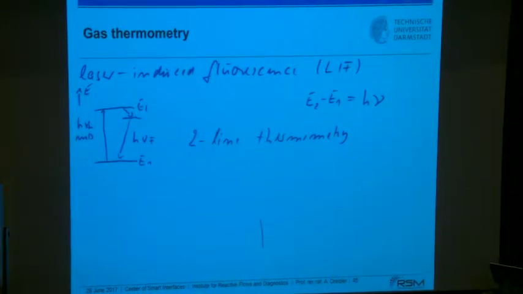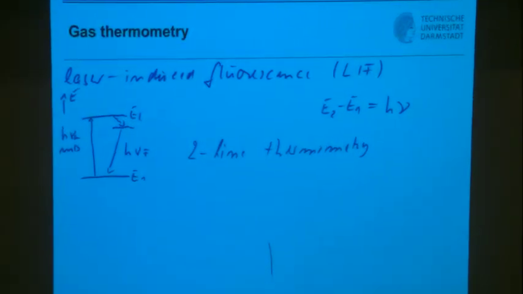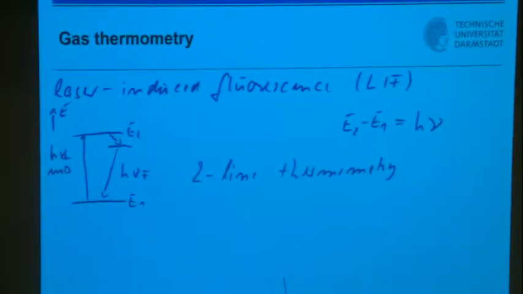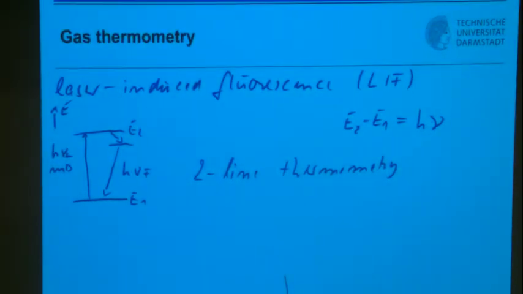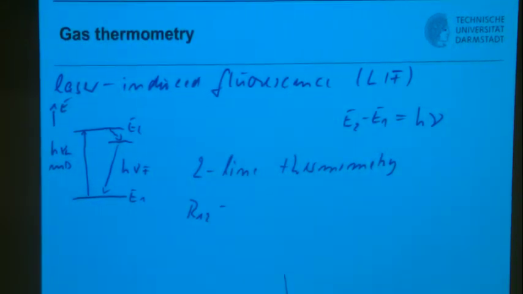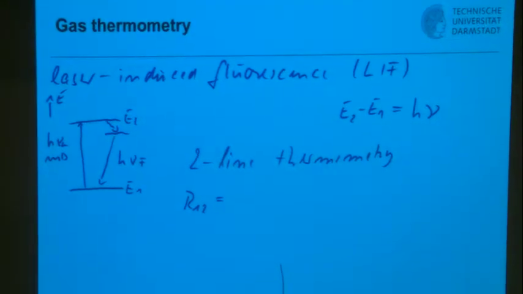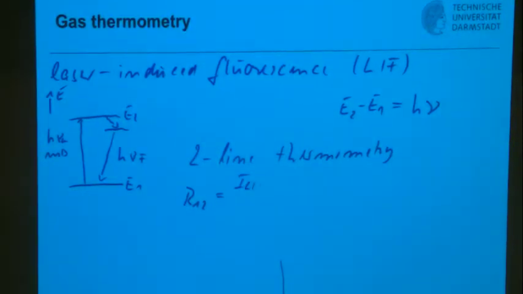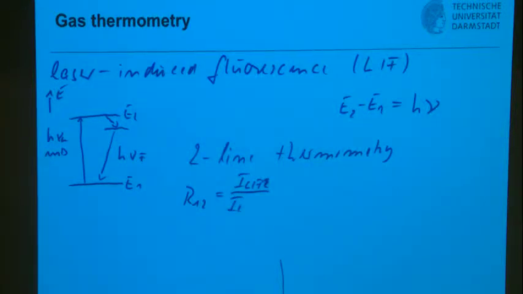They are fired sequentially, such that the fluorescent radiation is not interfering. Then you get a ratio of these 2 fluorescence intensities: the intensity of fluorescence from excitation of rotation level number 1, divided by the fluorescence number 2.